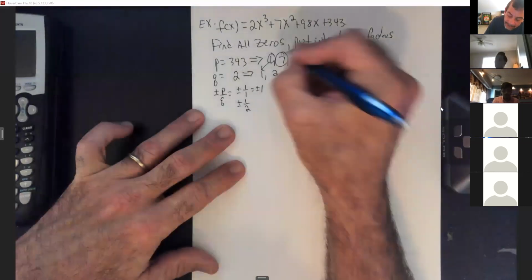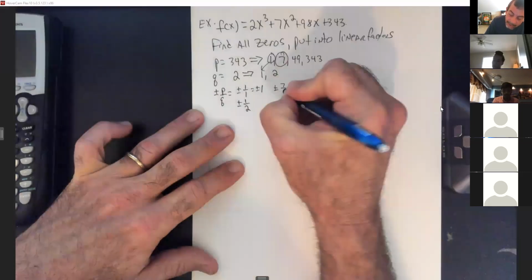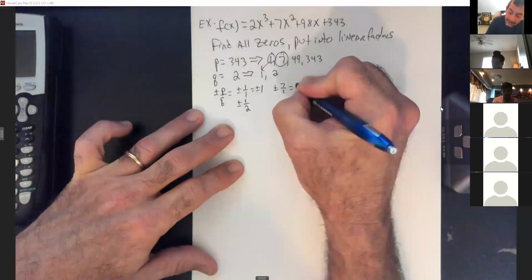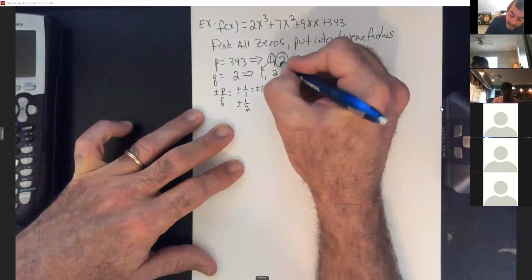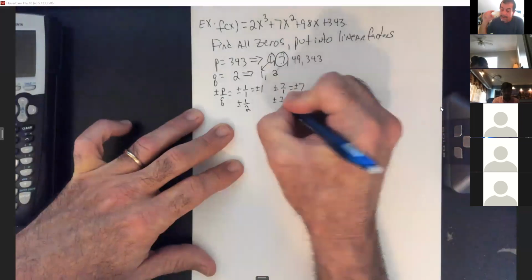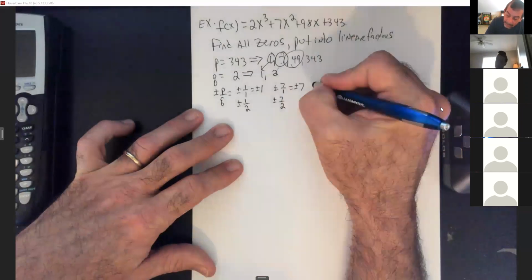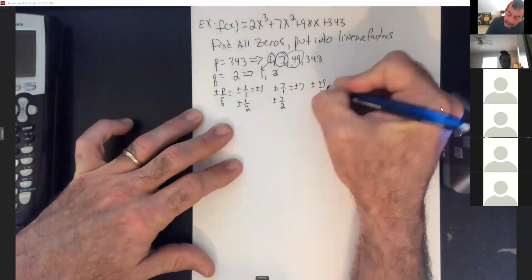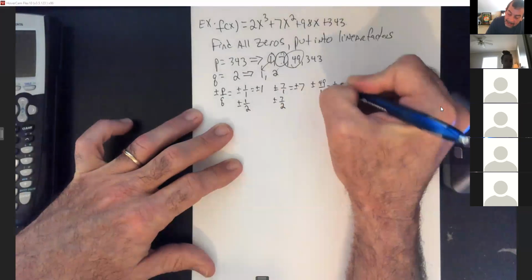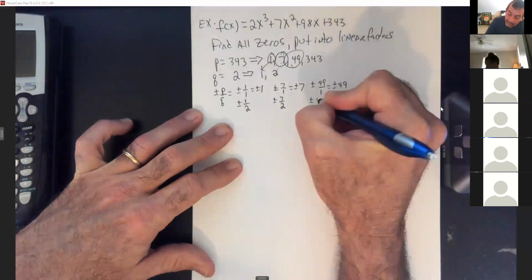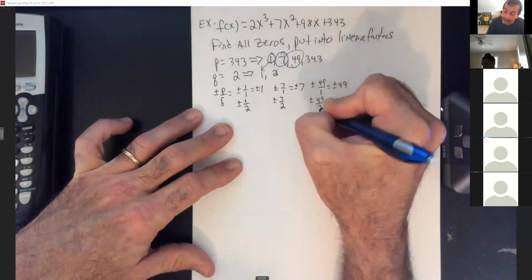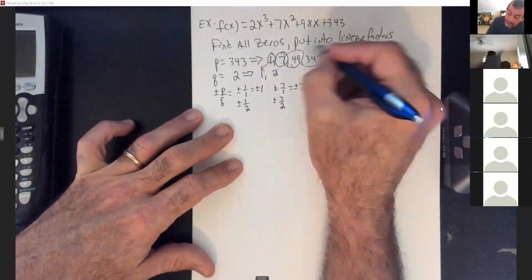Plus or minus 7 divided by 1 is a plus or minus 7. And then 7 divided by the 2 does not reduce. Then we would do that with the 49. 49 over 1 is just a plus or minus 49. And then 49 over 2 does not reduce. And then finally do that with that 343.